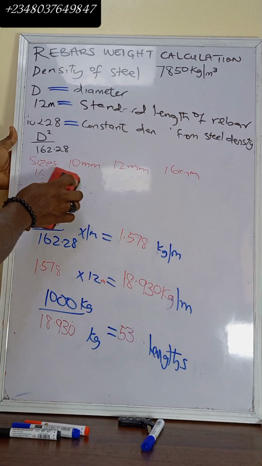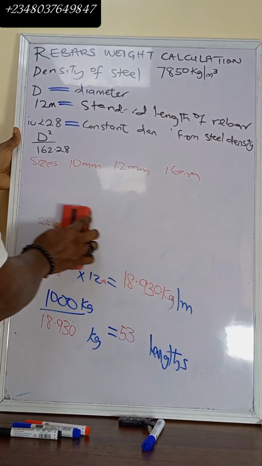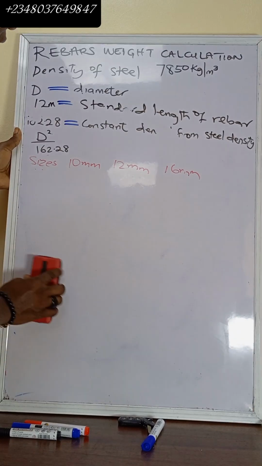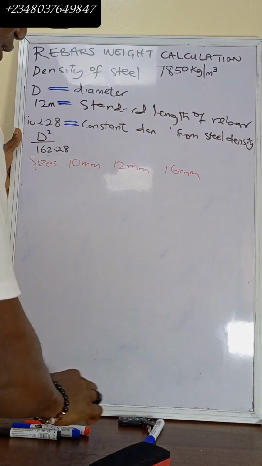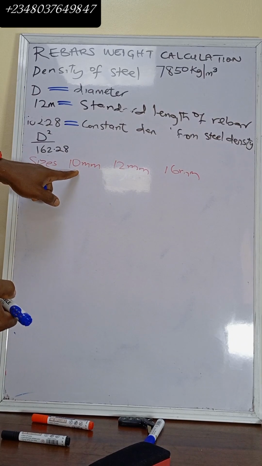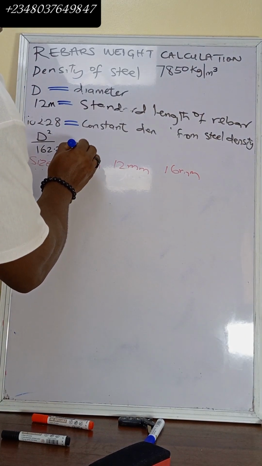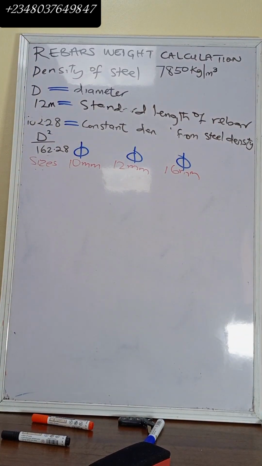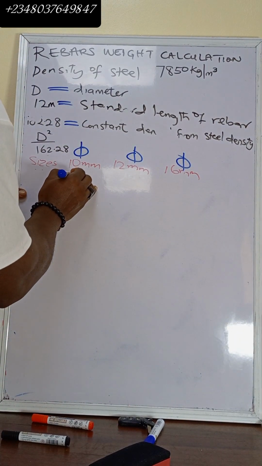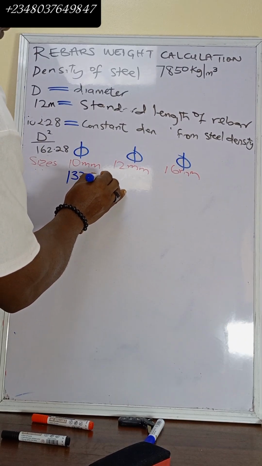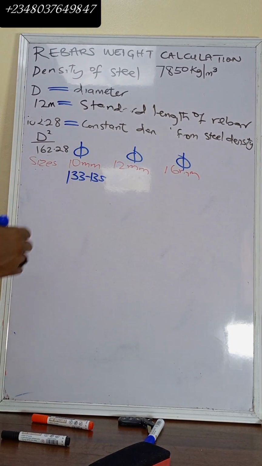Now, as a contractor, as a client, or as a supervisor on site, all this information should be handy. In our calculation, we derived that for 10 mm diameter, we will be getting 133 to 135 length.